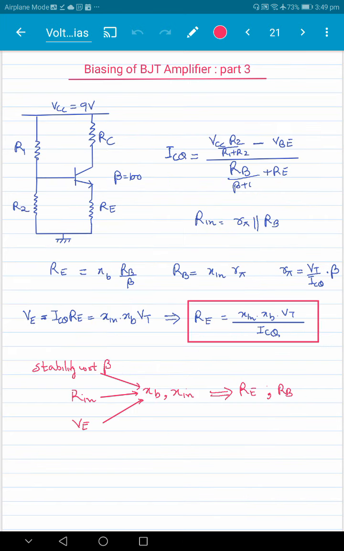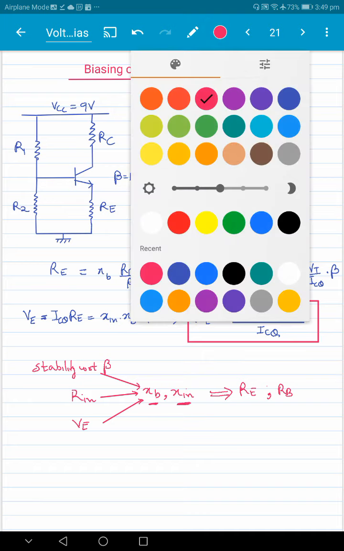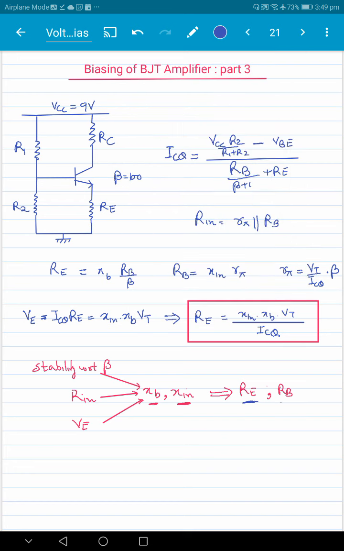So this is what we are saying, that you have to make the choice of Xb and Xn. And once you make that particular choice, you will get the value of Re and you will get the value of Rb.